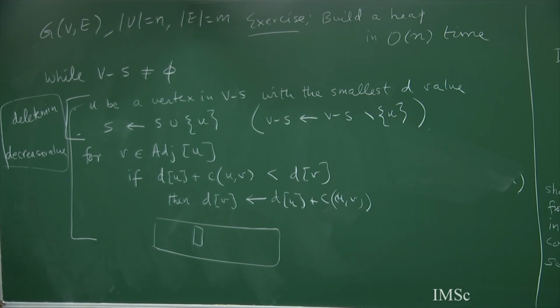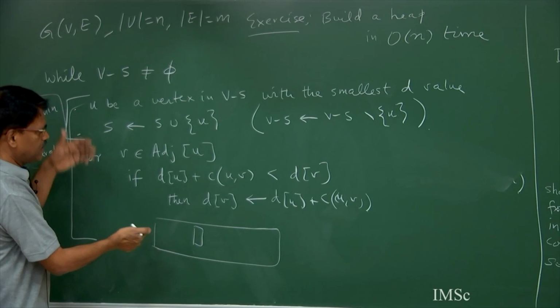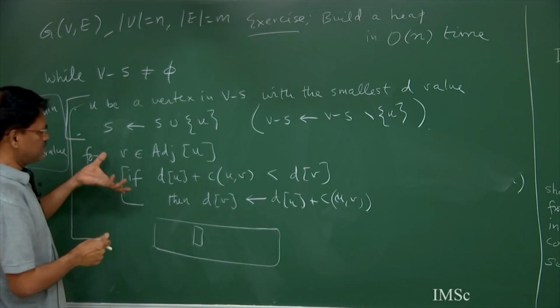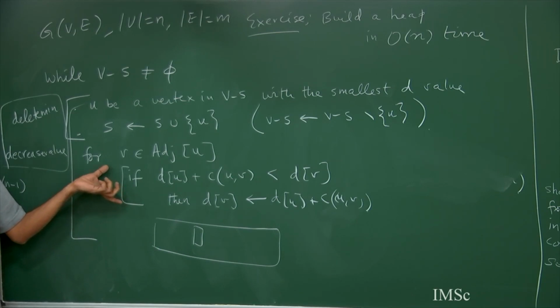So, n minus 1, right, because s is sitting there. So, you do n minus 1 delete operations, and in the worst case, how many decrease key operations might you do? Well, the whole program is here, right. I have it here. This is where the decrease key operation happens. How many? M, why?